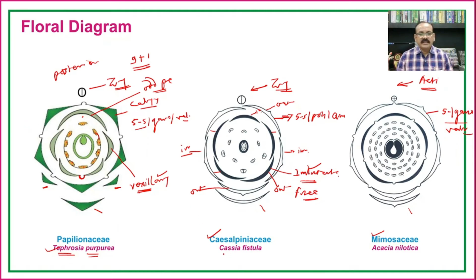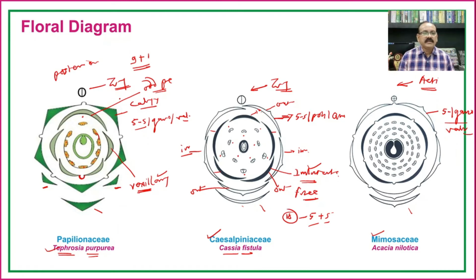But in Cassia fistula, there is a presence of 10 stamens, in which 1, 2, 3, 4 and 5 are present in the inner whorl, and the rest of the 5 stamens are present in the outer whorl. Means the presence of 10 anthers or stamens in two whorls of 5 plus 5.